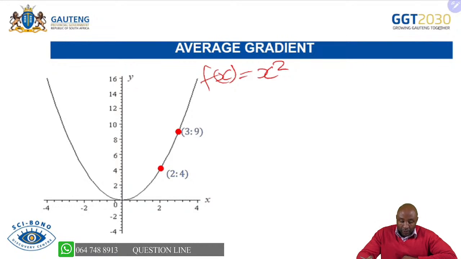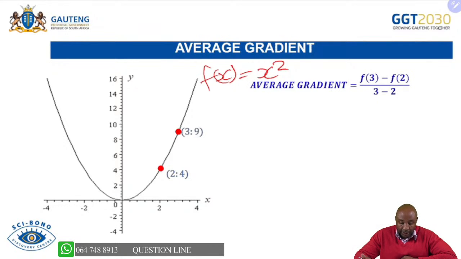Now we want to find average gradient, so we will just draw a straight line and find the gradient of the line that is joining those 2 points. Because it's average, it's not the exact gradient. So hence we change the naming there as average gradient.